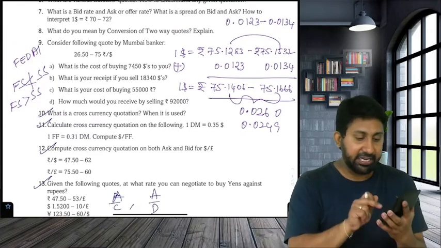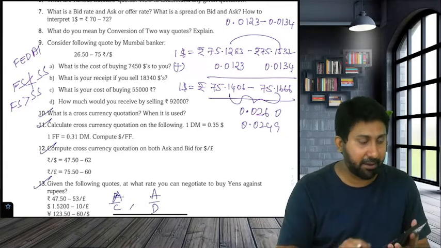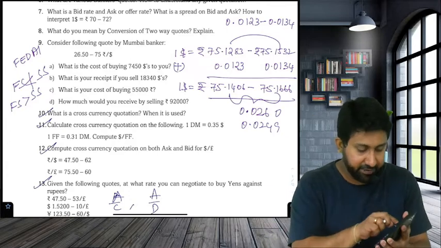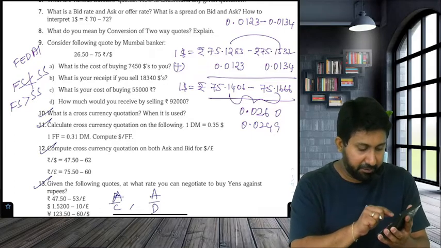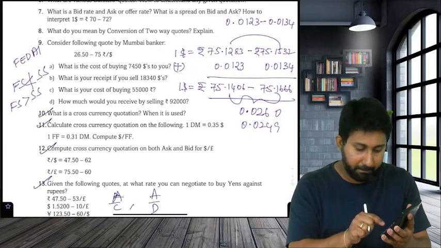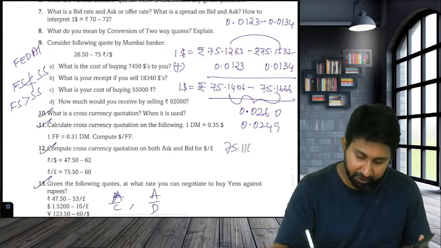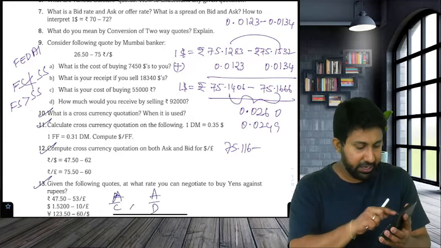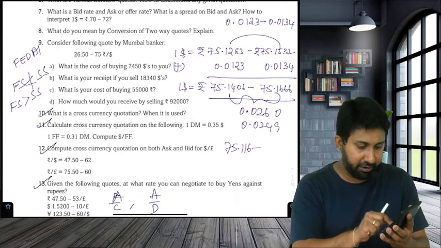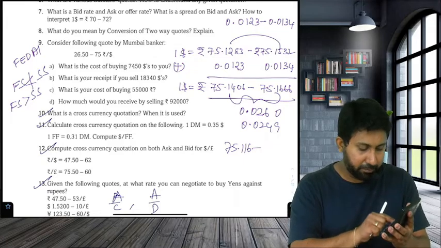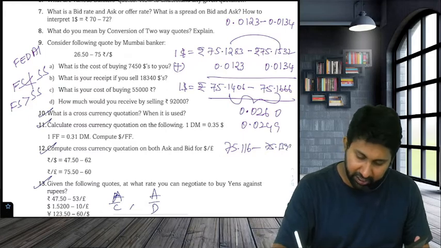In this case, if it is given in ascending order, instead of adding, if you deduct, what will happen? Let us see. Take calculators. 75.1283 minus 0.0123. How much is it? 75.116 dash 75.1532 minus 0.0134, 75.1398.